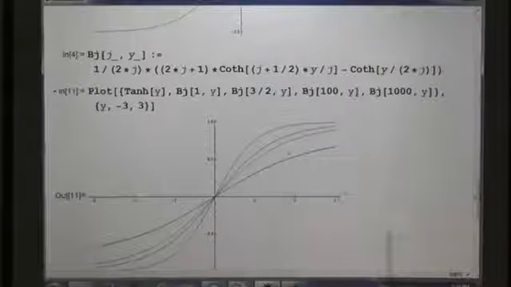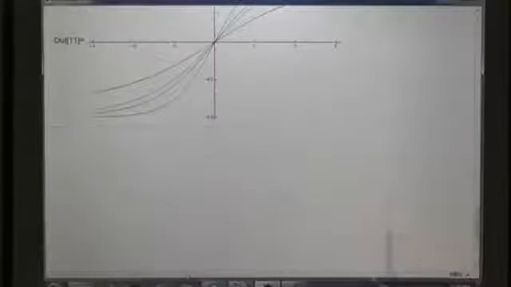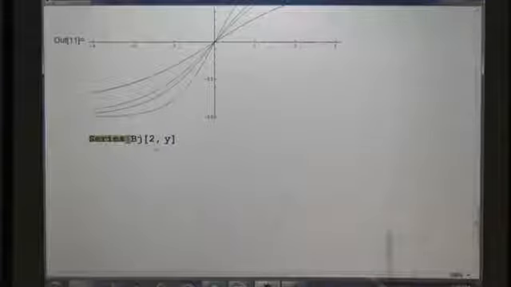For example, if I have B_J with J equals 2 and y here, and I do a series expansion of this with respect to y.